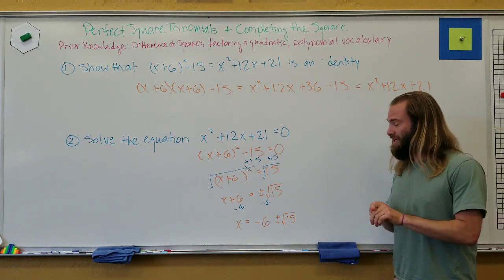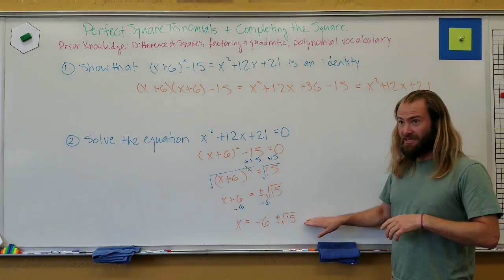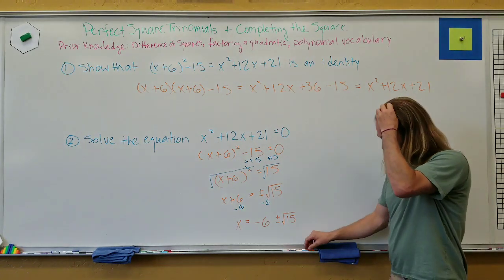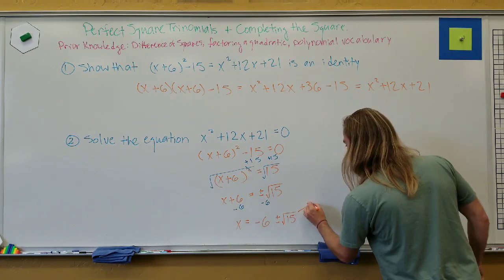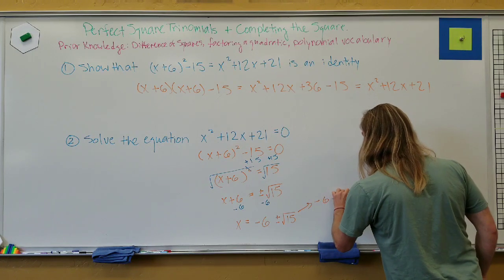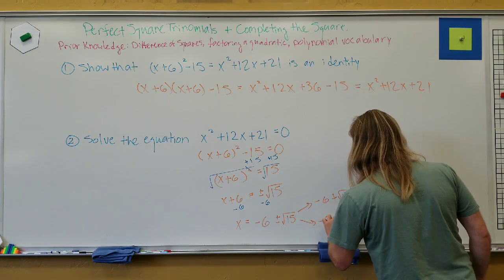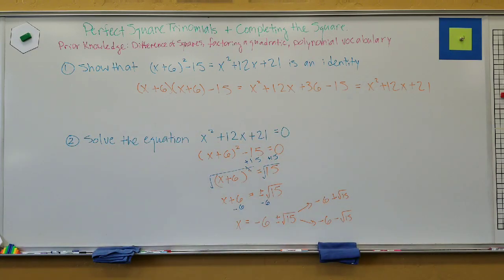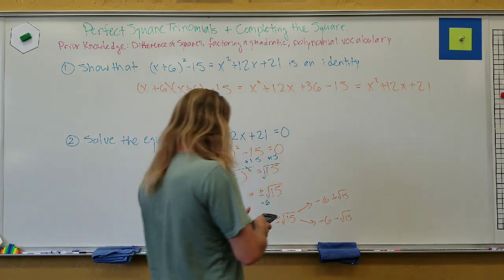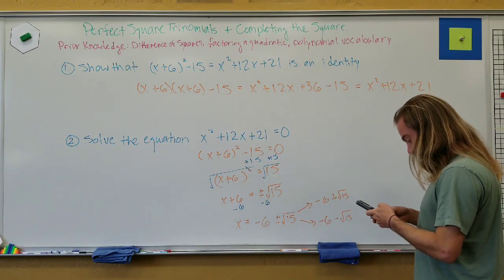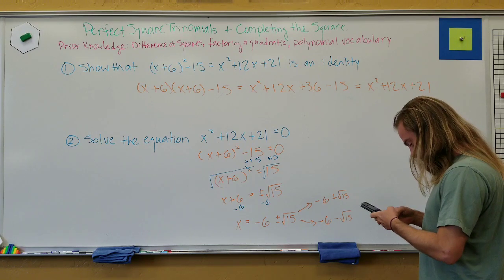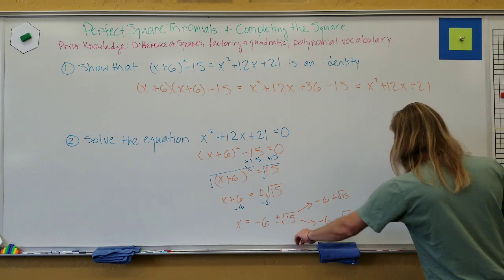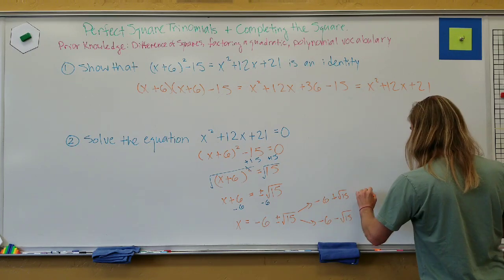And again, if you would like the exact, well, this is the exact. If you would like the approximate decimals for that, you can certainly do that in your calculator and get negative 6 plus root 15 and then negative 6 minus root 15. And in fact, let me grab my calculator real quick and do that. I meant to do this just to help you have a gauge for this. So if I do negative 6 plus root 15, it's about negative 2.18.